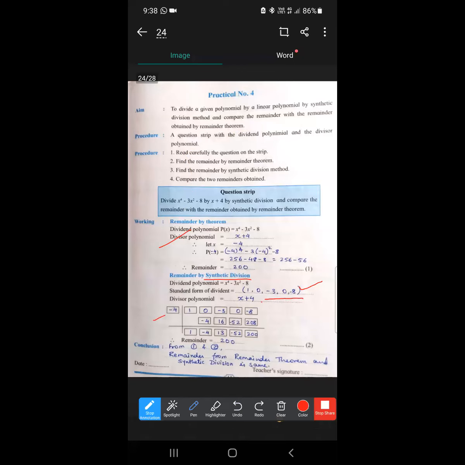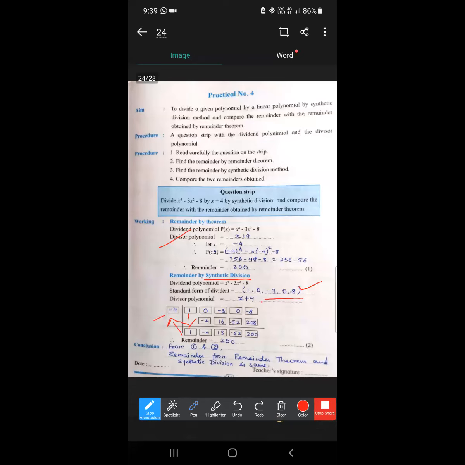Now, how are we going to start with it? This first number, carry forward down as it is. Then 1 into minus 4 will be minus 4. So below 0, it is minus 4. Now 0 minus 4 will be minus 4.